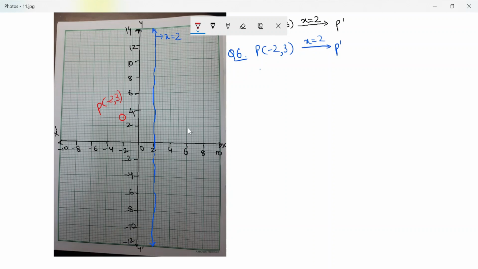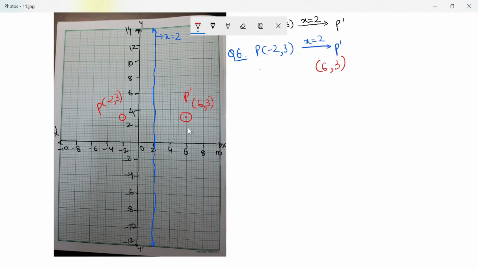One full box, which is 2 units and 2 units, 4 units. So here it will be formed 4 units away, which will be this point. 2 full boxes, which is the coordinate 6. Yes, this is 6. This is P dash, and this will be 6, 3. So P dash is 6, 3.